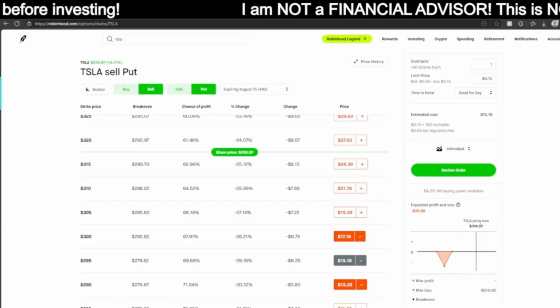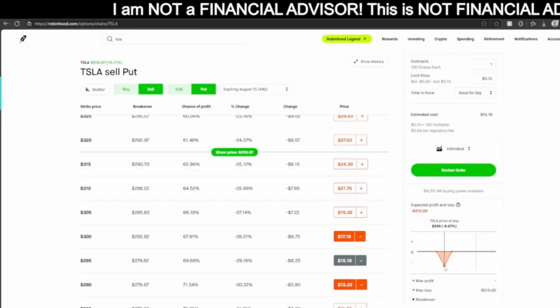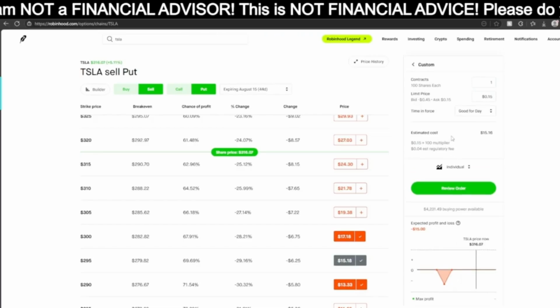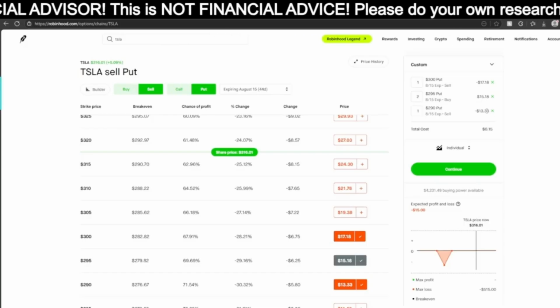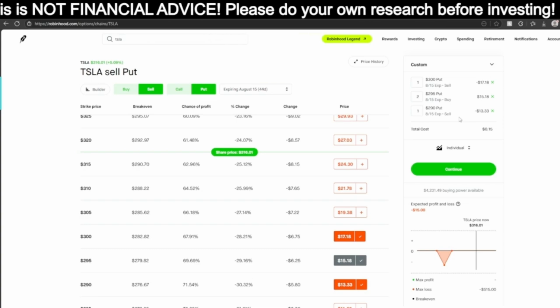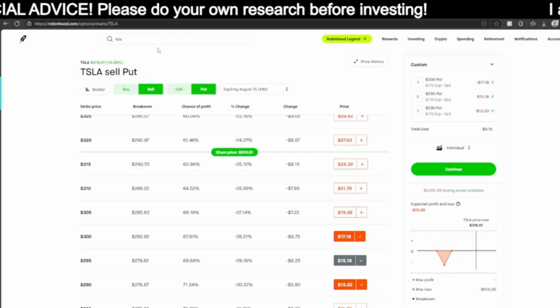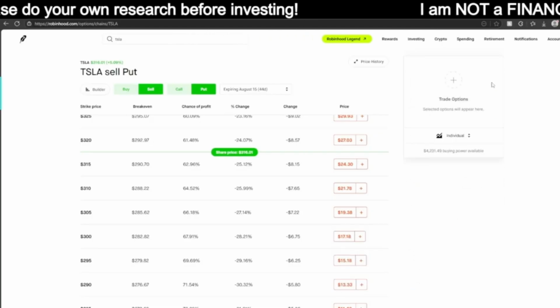Because again, the likelihood of having an option hit the exact max profit or max loss in this case is very unlikely. So that's what I like to keep in mind when I'm doing these kinds of options here, is that these are done to be hopefully exercised and closed out early. So close these positions early. Do not wait until expiration, because it obviously may lose value over time.